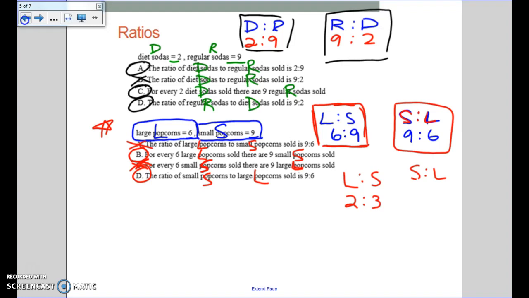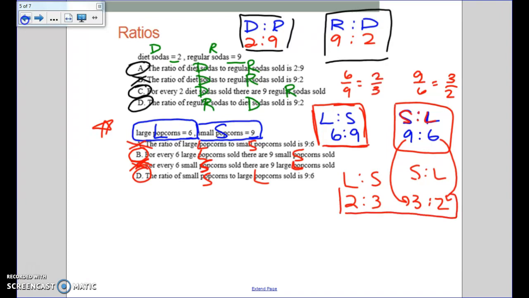Because I know 9 and 6 have a common factor of 3. 3 goes into 9 3 times, into 6 twice. So if you thought of it as a 9/6, we would be able to change it to a 3/2. Same way to 6/9, we would be able to change that to 2/3. So I like the reduced form of the ratios when you can.